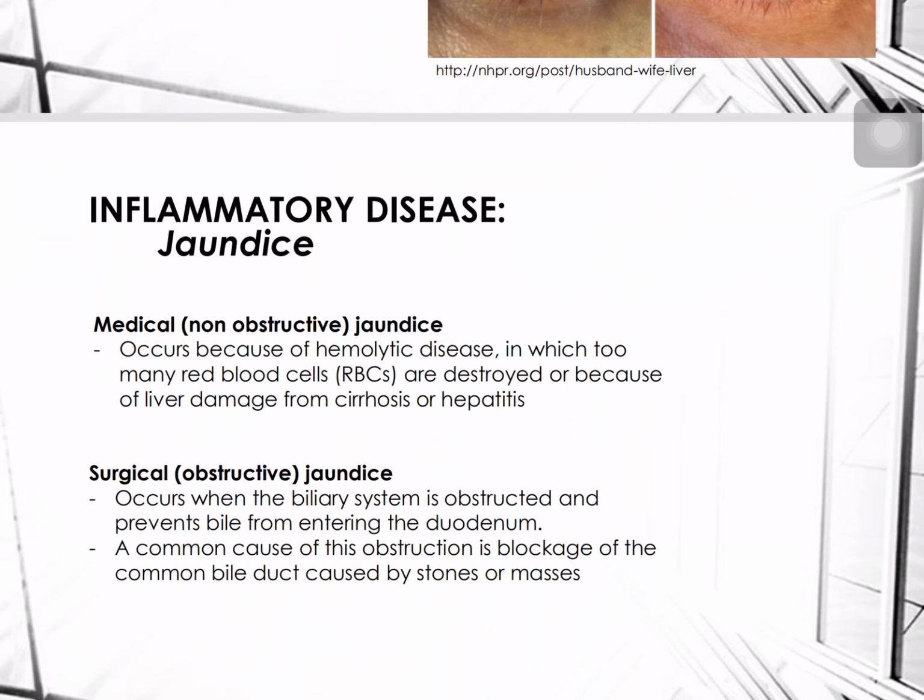A surgical or obstructive jaundice occurs when the biliary system is obstructed and prevents bile from entering the duodenum. A common cause of this obstruction is blockage of the common bile duct caused by stones or masses. The longer the obstruction persists, the more likely it is that complications such as liver injury, infection, or bleeding will arise.